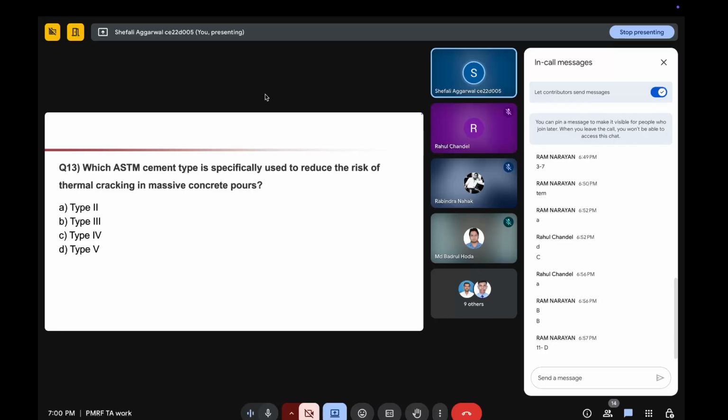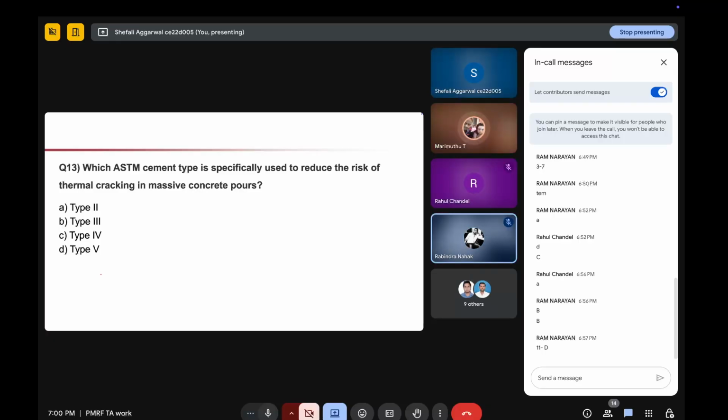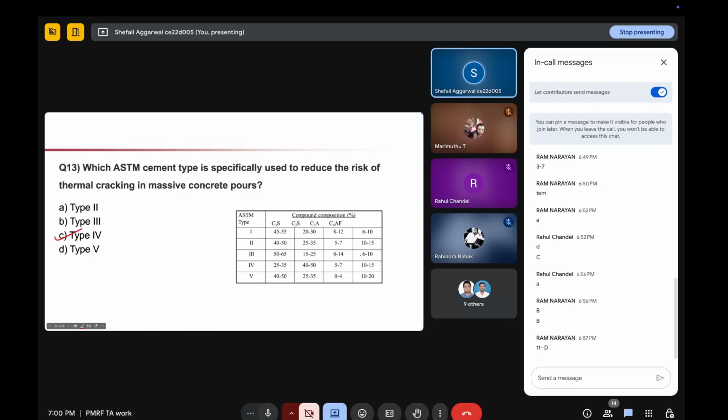So what type of ASTM cement has lower heat? 2, 3, 4 or 5? Answer 4. Correct. Why does it have lower heat? Because of low content of C3S and C3A.